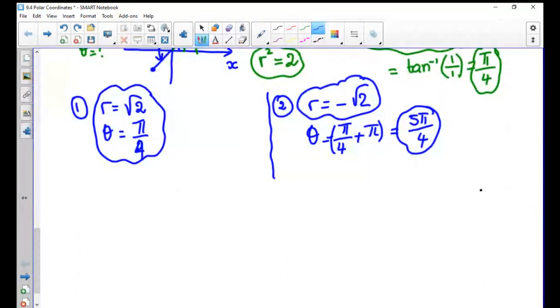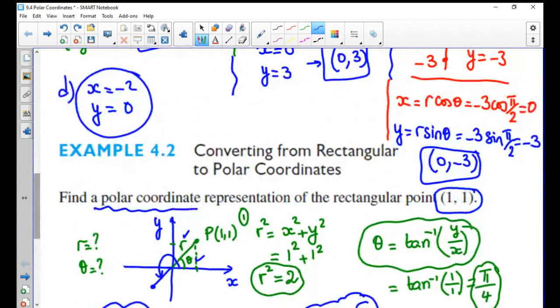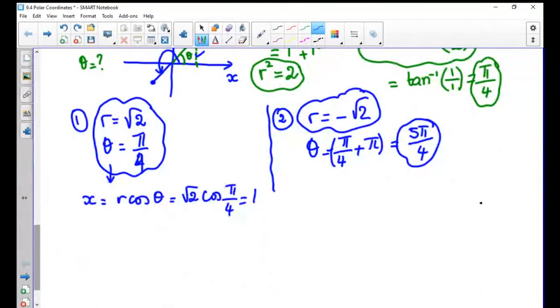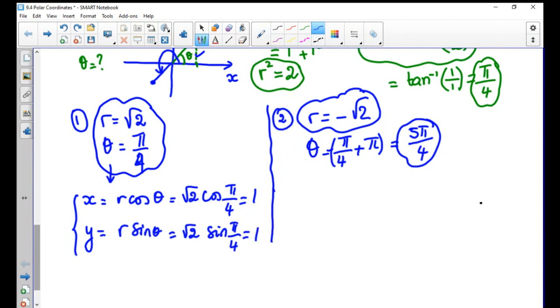You can check that. For example, x equals r cosine theta, square root of 2 cosine pi over 4. What should we get? What was the x? 1. Check, you will see that this gives you 1. And y in this representation is r sine theta, so square root of 2 sine pi over 4, will also give you 1.